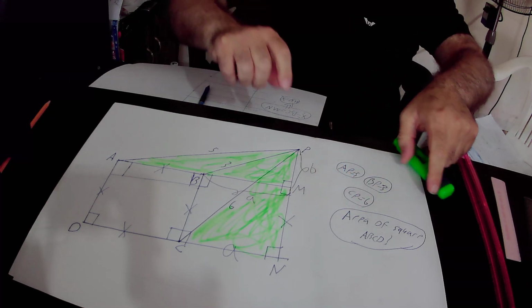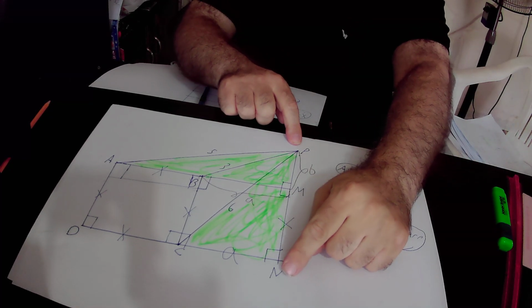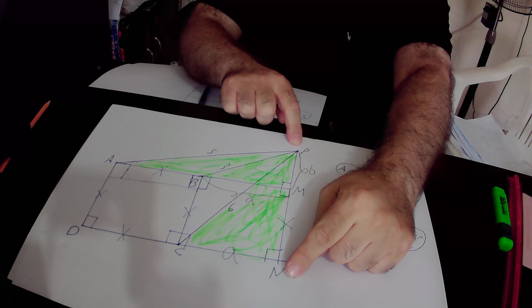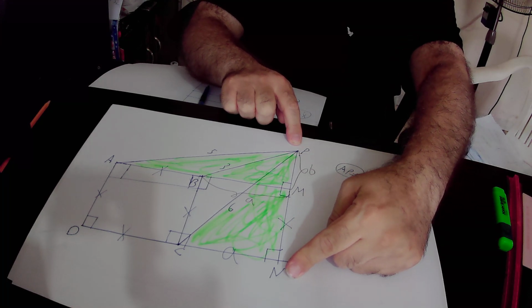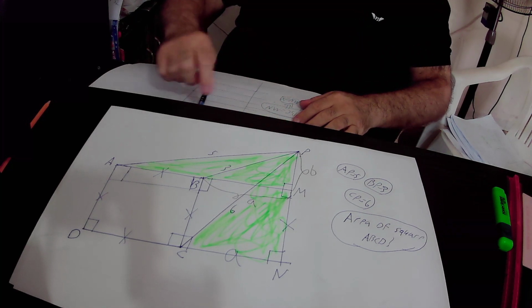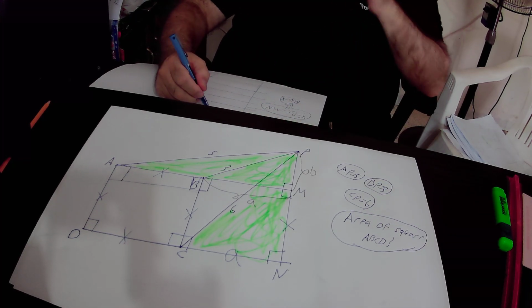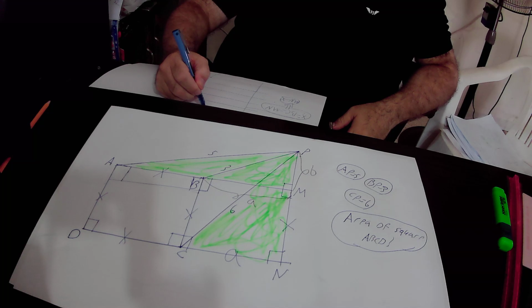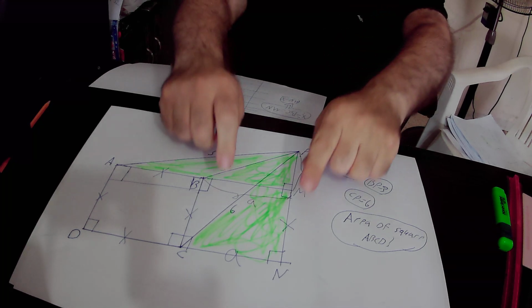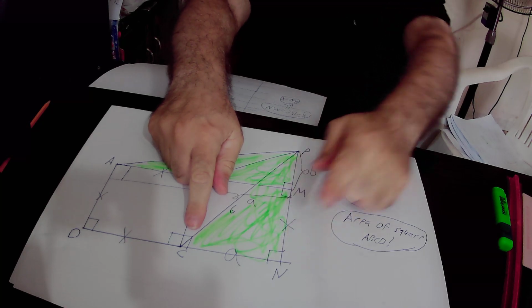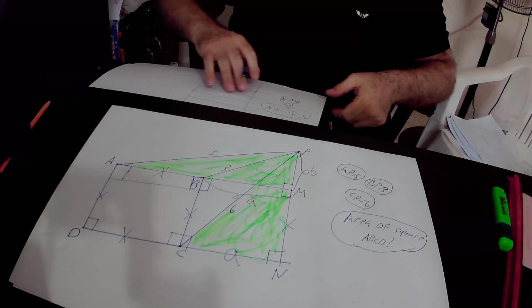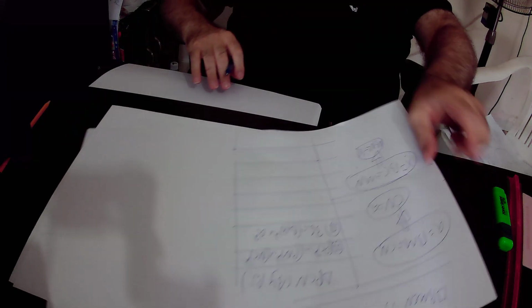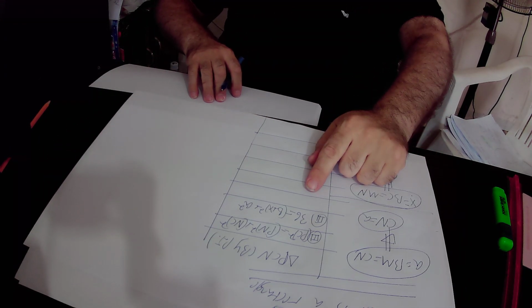The value of PN, it is very easy to see that PN equals b plus x. Therefore, PN squared is (b plus x) squared. Plus NC squared. NC equals a, therefore NC squared is a squared.